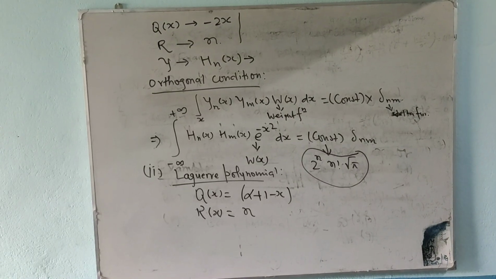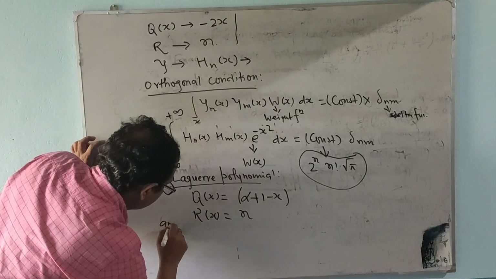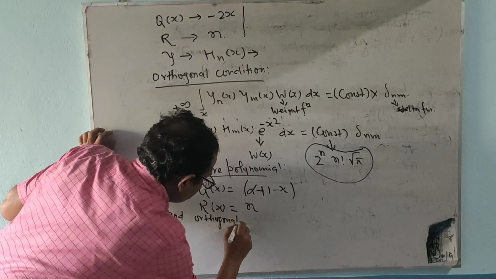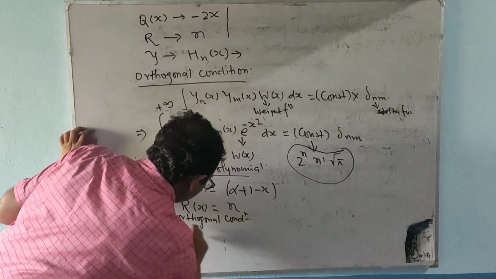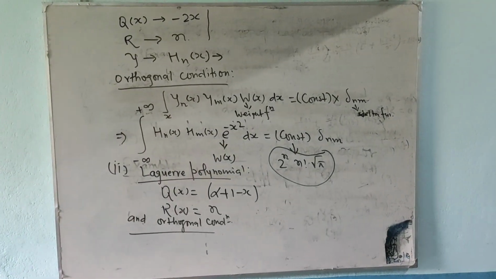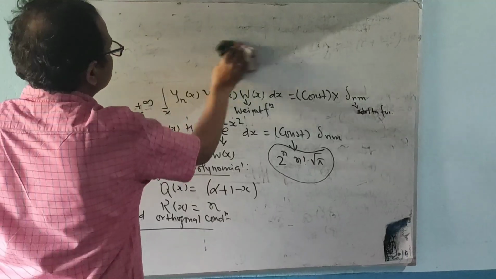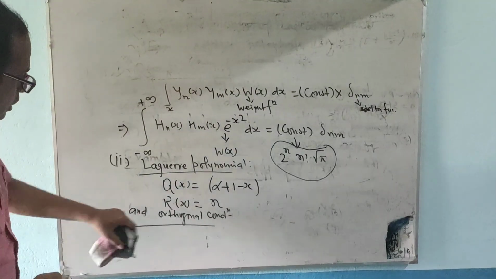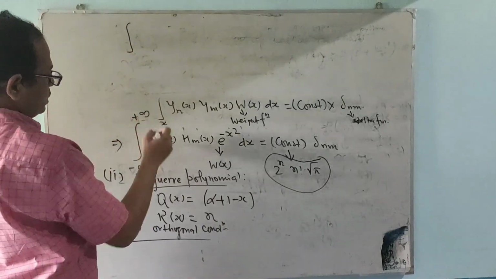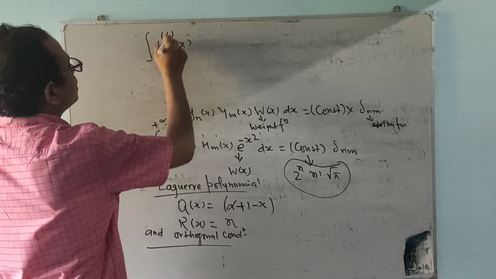And the orthogonal condition will be like this. Here Hermite is replaced by Laguerre now. It's simple.